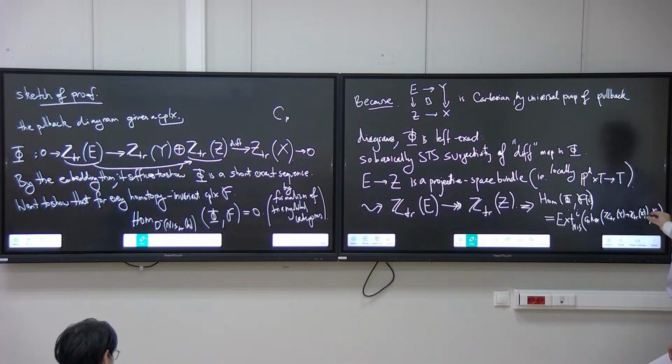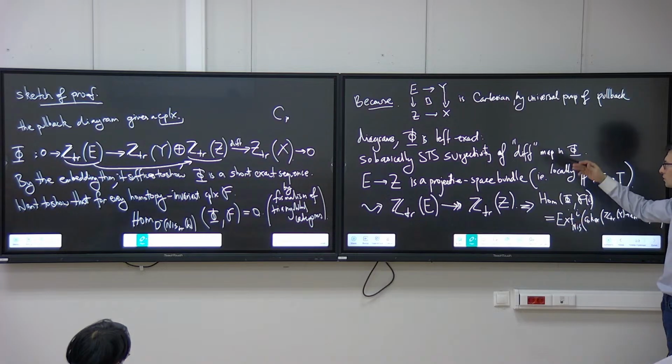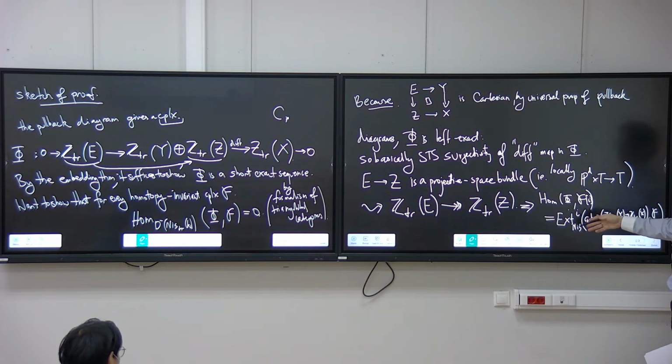And this is some object which Voevodsky spent some time actually calculating. You just have sheaves everywhere and you just have a higher Ext, so you can imagine something that you can actually compute, but we won't do it. But in any case, I just showed the reduction to something maybe manageable.